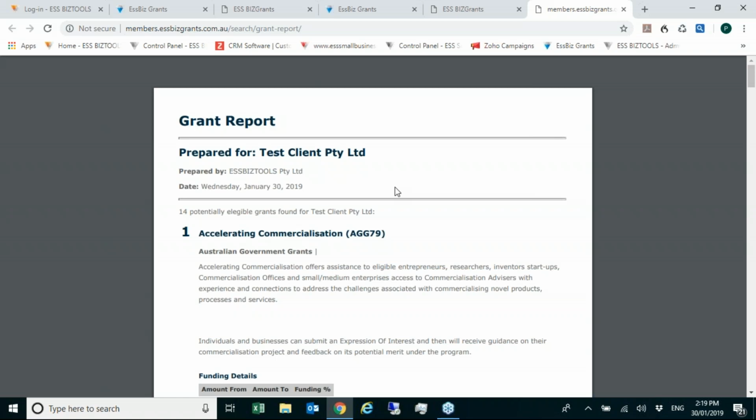If you leave the client in the system, which is what we suggest, next year you just go in and you might change the turnover. Only one or two things might be changed. They might have shifted. They might have another branch, so they got one out in Mount Isa. Well, there are some different grants available in other places to what's here in your main operation, and you then go in and ask the system to recheck. Yeah, if there are new grants, it then picks them up.